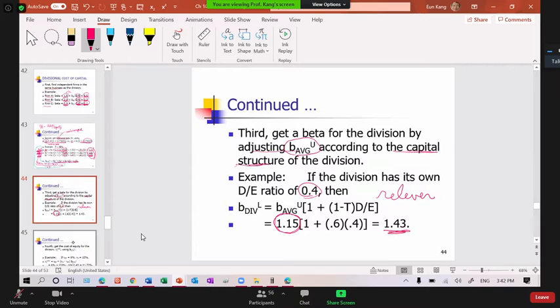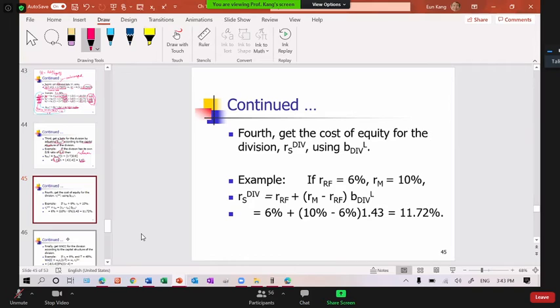Then this is your division's beta, including your division's capital structure. Then once you get this one, you will use CAPM, right? Famous CAPM.